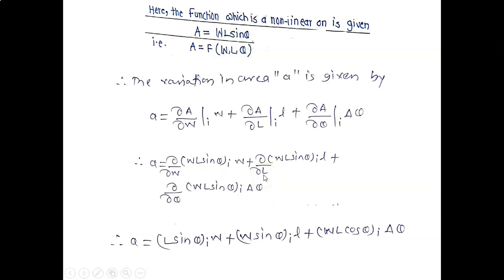Here w is constant, so we get w sin theta at the point I into small l, plus the differentiation with respect to theta. What is the differentiation of sin theta? Cos theta. So we get plus wl cos theta at the point I into delta theta.